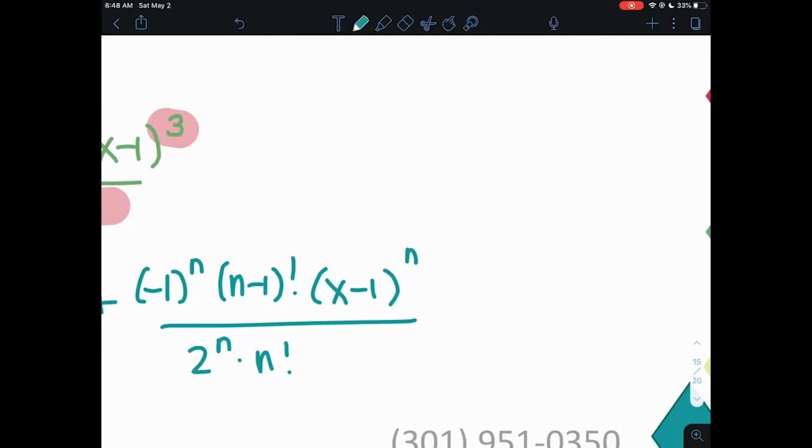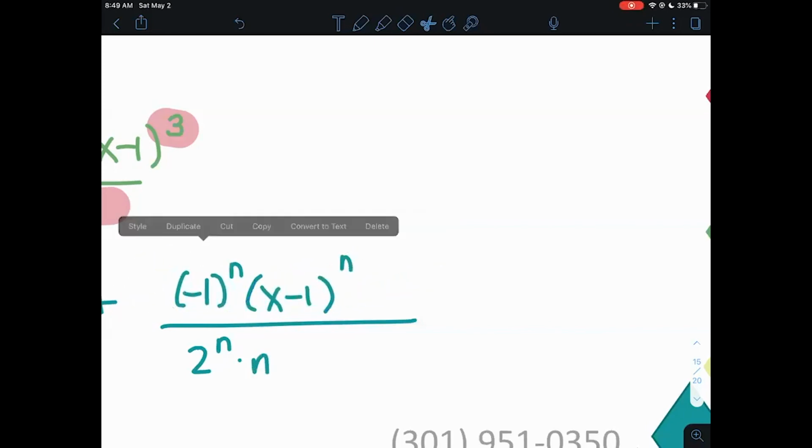This is fine. This is the actual piece here. This can be simplified if you wanted to: n minus 1 factorial over n factorial is just n in your denominator. So we could leave it without the simplifications, or we could simplify this to just n in the denominator. And there's your general term.